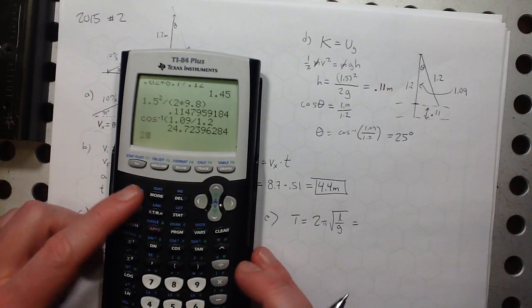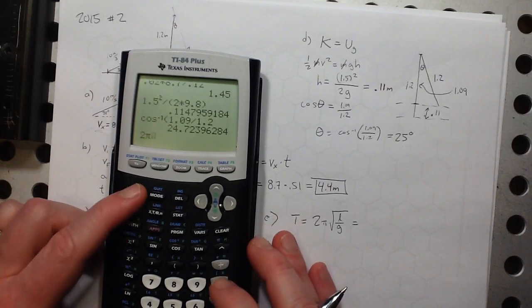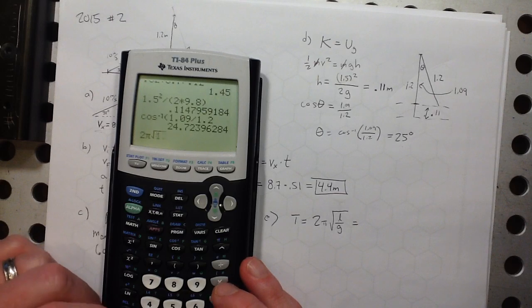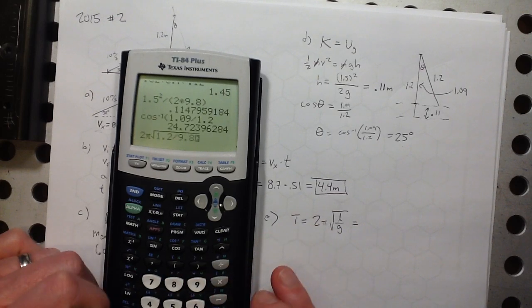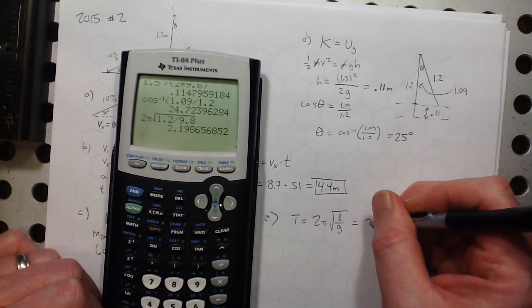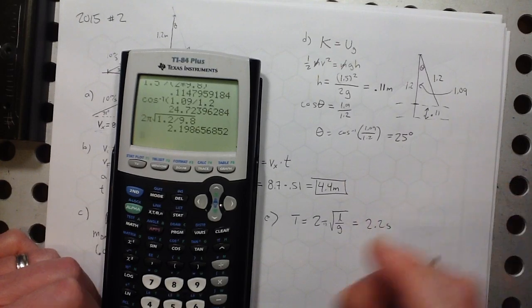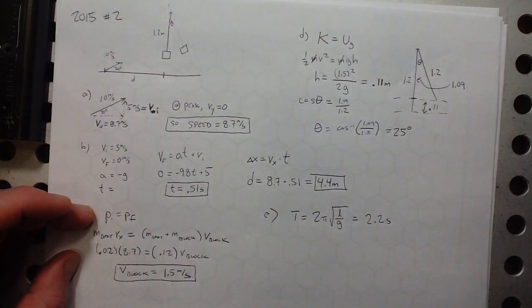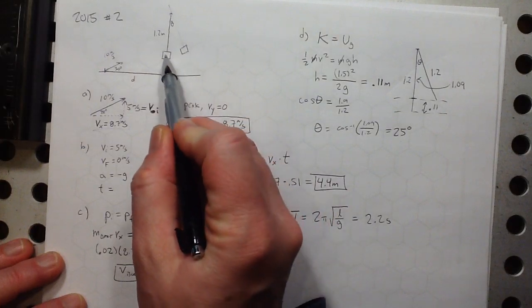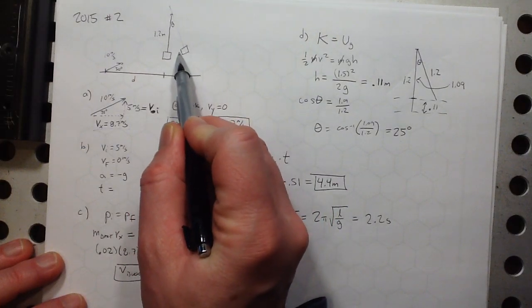That's equal to 2.2 seconds. But they're not just asking what's the period. They want to know how long it takes to go from here to here and back again.